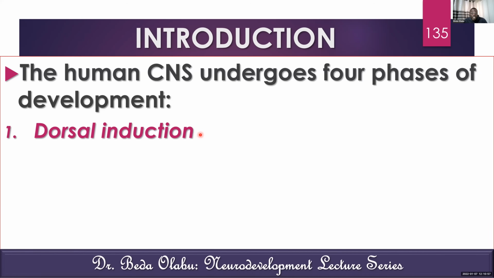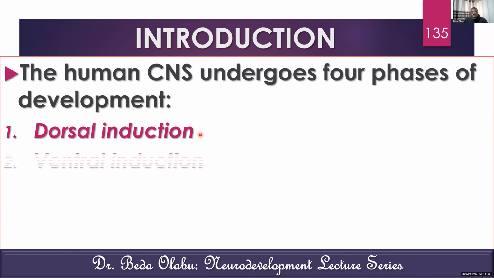But with regard to formation of the brain, the primary neurotube is the one that applies. The secondary neurotube only applies to formation of the caudal end of the spinal cord. In this particular lecture, we are going to look at malformations of the brain. So largely, when you talk of dorsal induction, we are referring to primary neurulation.